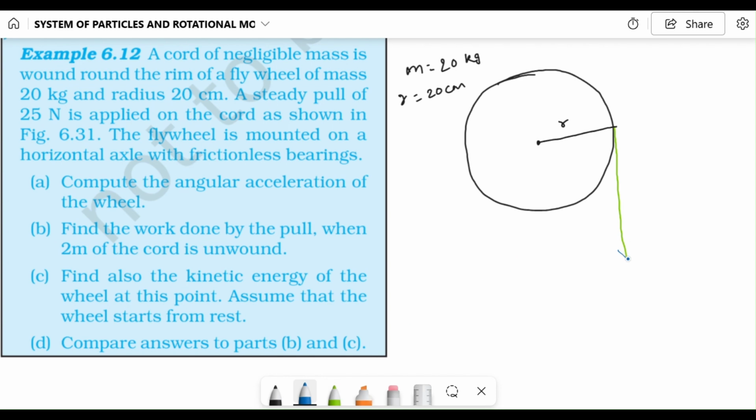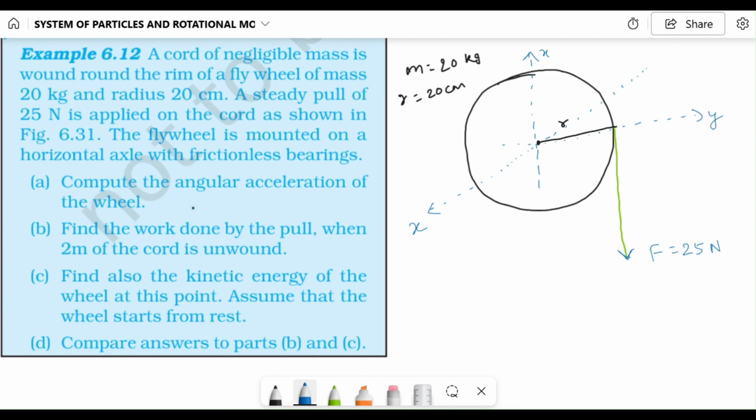So let's say here the force is 25 Newton, and steady force means a constant force. Now what we need to find out? Yes, the axis of rotation is horizontal. So let's say this is the axis of rotation, which is horizontal. Let's say this is the x-axis here, and this is the z-axis, and this is, let's say, the y-axis.